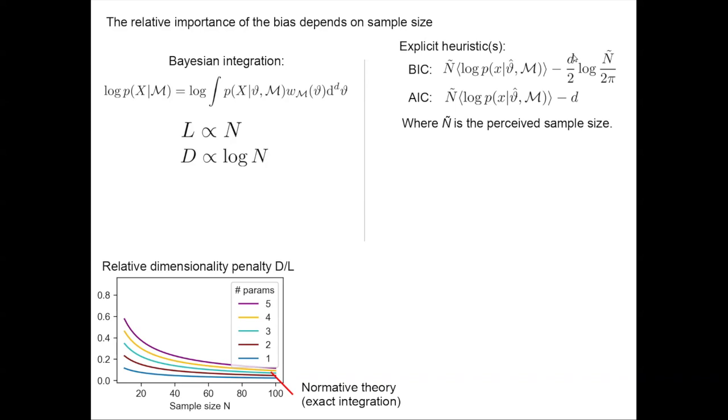You manually implement this notion that the more data you have, the less your complexity penalty should matter.